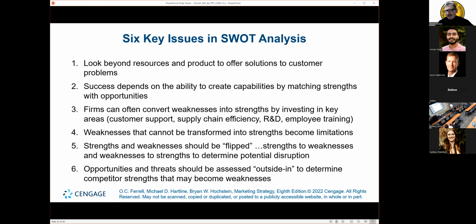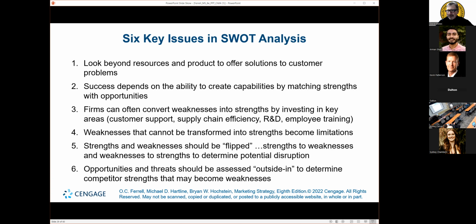You have to offer solutions to the customers because solutions become capabilities. And success depends on your ability to create capabilities by matching your strengths with opportunities. Remember, the opportunity usually represents some significant need that consumers have.